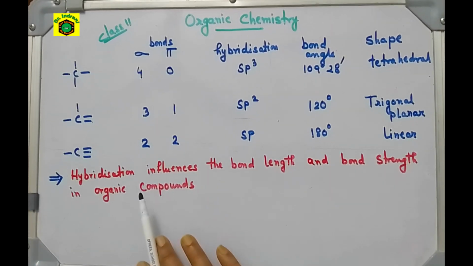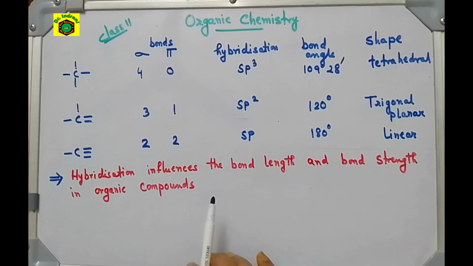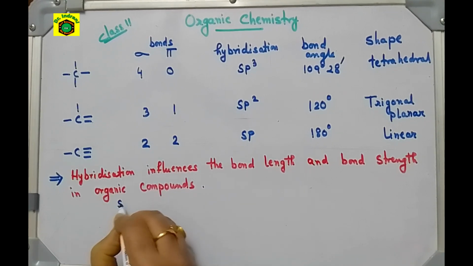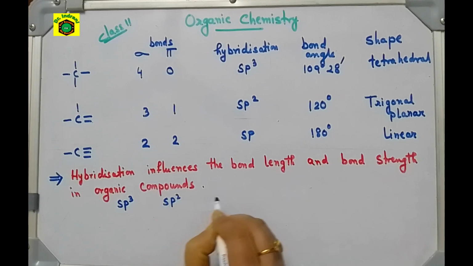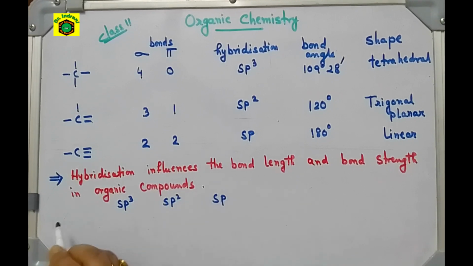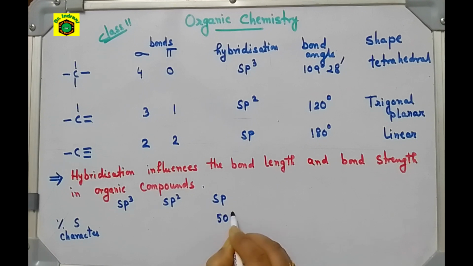Now see, hybridization influences the bond length and bond strength in organic compounds. Now see, sp3, sp2, sp. Here percentage S character. For sp hybridized orbital, it is 50%.